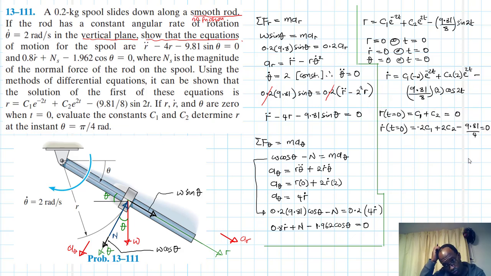And we have two unknowns, so we can easily solve this.